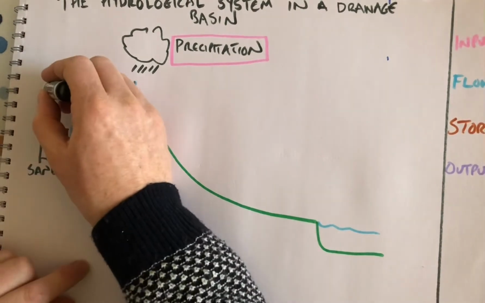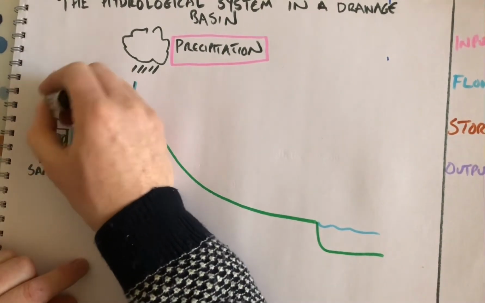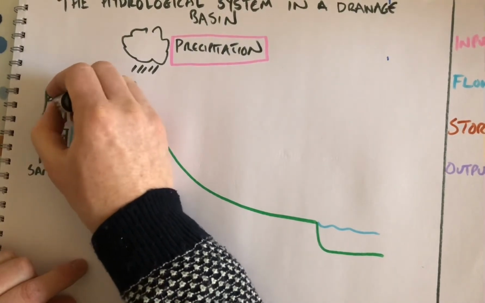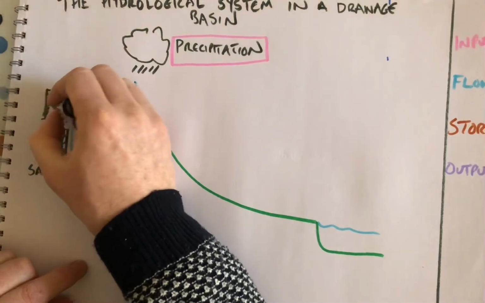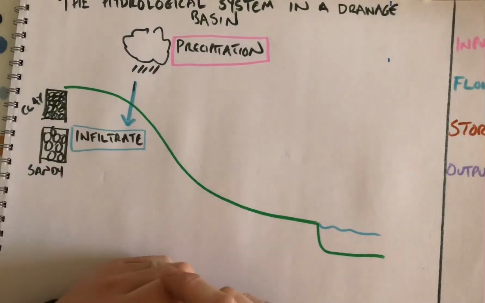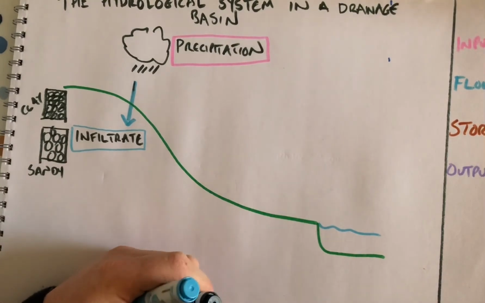Where we've got soils that are maybe overlapping and compact like clay, then we'll have much slower rates of infiltration.